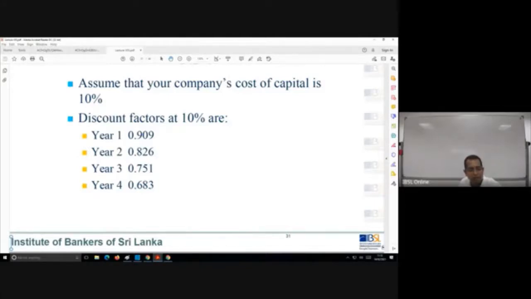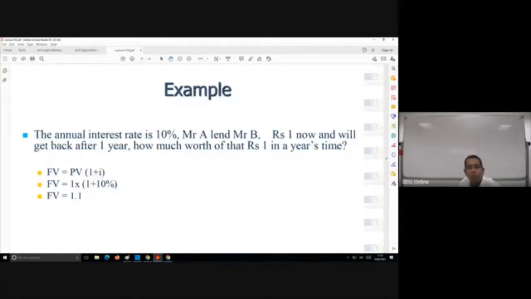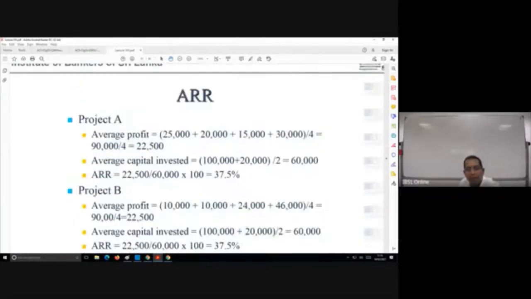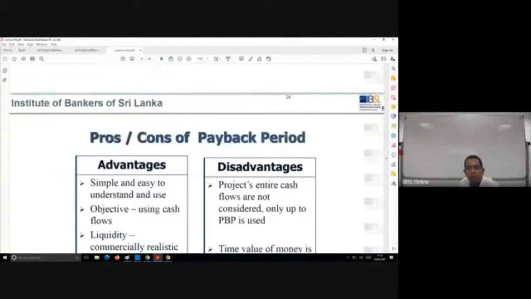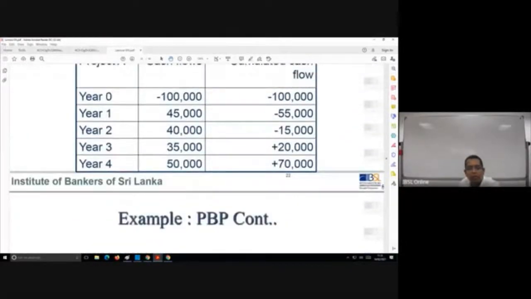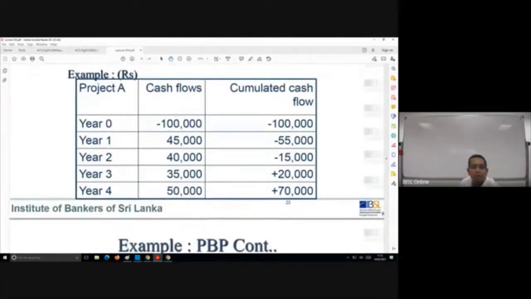Year 2, it is 0.826. Year 3, 0.751. Year 4, it is 0.683, right? I want you to calculate the present value of all these cash flows. This is the cash flow. First year, so let me draw this.